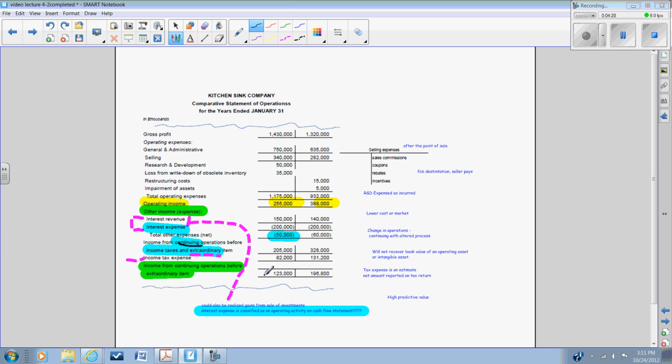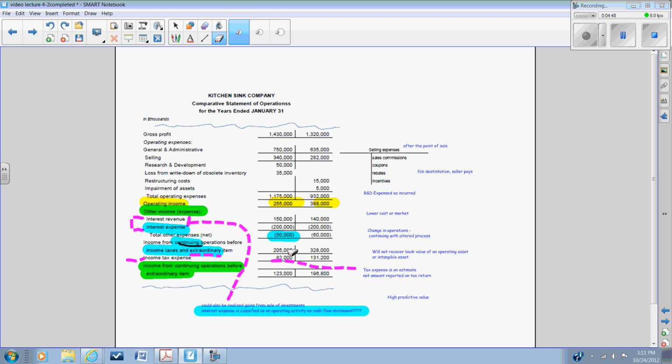Now let's turn our attention to income tax expense. Income tax expense is an estimate based on accounting income before taxes.